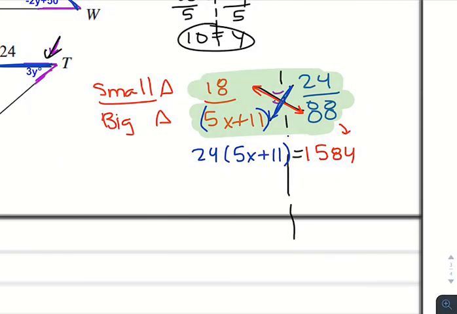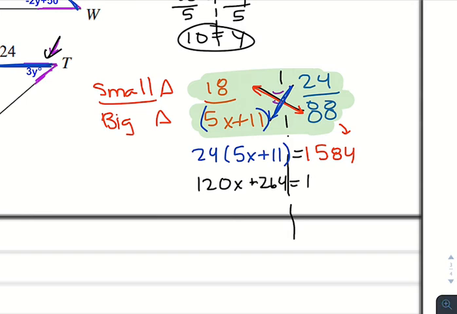We should distribute this left-hand side, so 24 times 5 should be 120, and of course the x's come along. And then we have 24 times 12, no, I'm sorry, times 11, and that's going to be 264 positive, and that's going to be 1584. Now we just go about the business of solving algebraically.